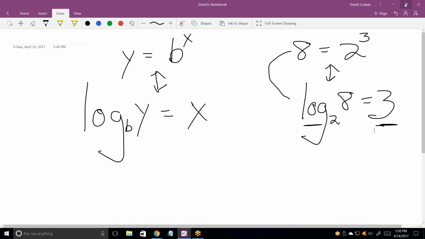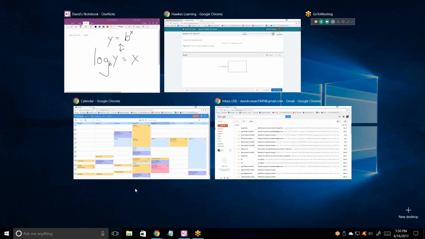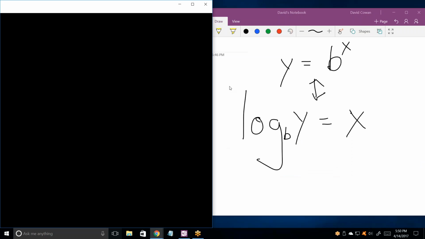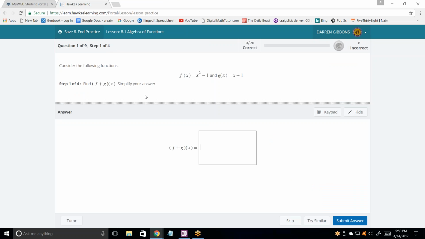Okay, now let's go to your problems. And I don't know how far we'll get today, but let's see. Well, all right, they're not quite into logs yet. They're into adding functions or multiplying functions.